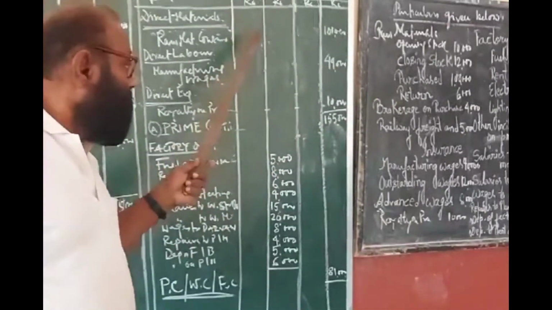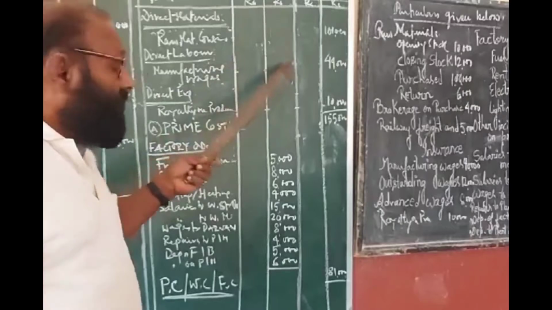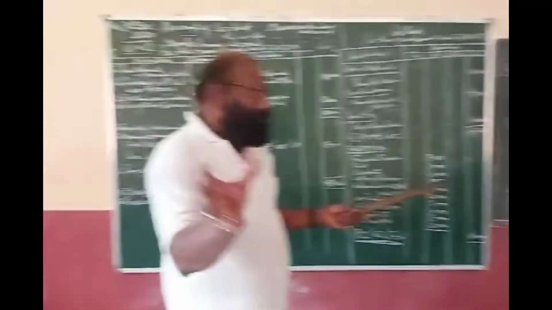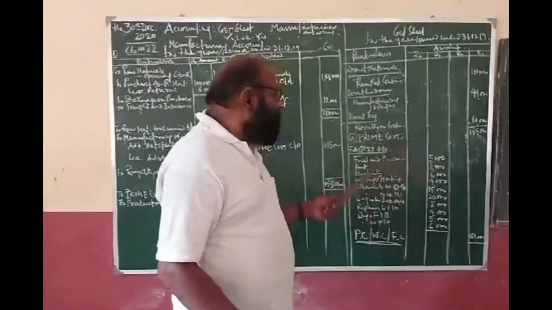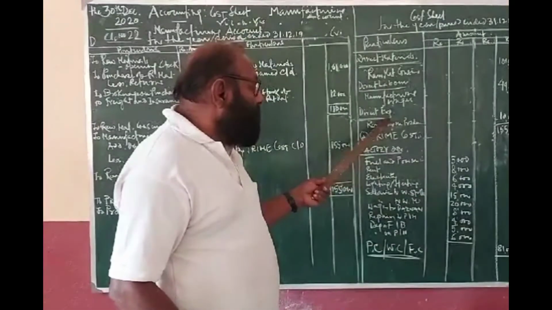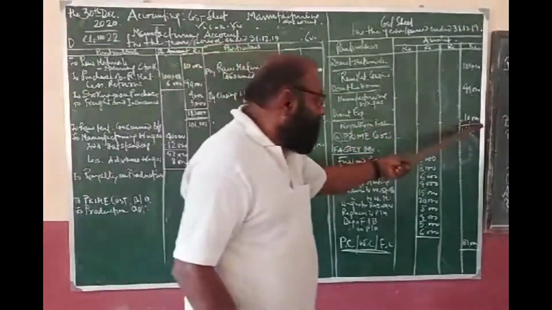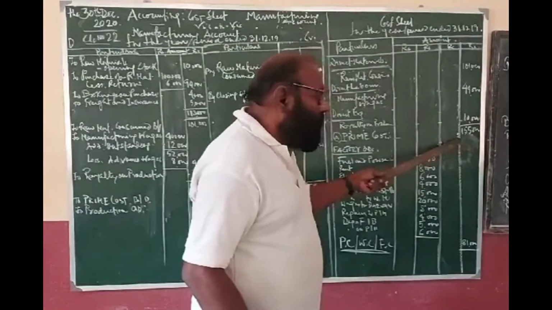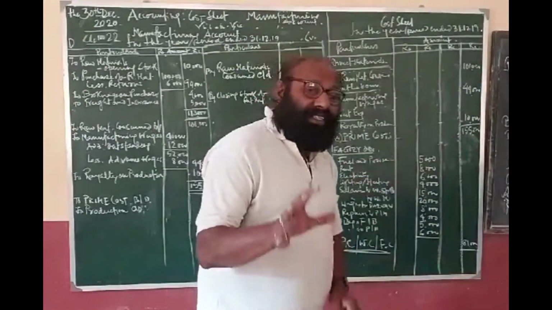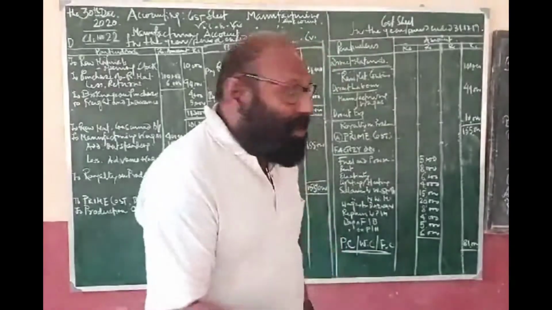The detail was given initially, but I rubbed this part to manage some space. Then came direct expenses. In direct expenses we have royalty on production, which is 10,000. Thereby we have got prime cost. Clear? So that is the part where we have got the prime cost.